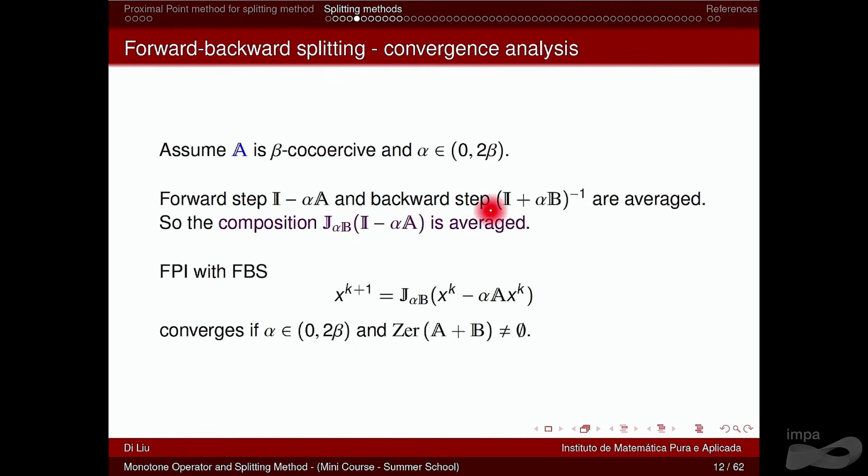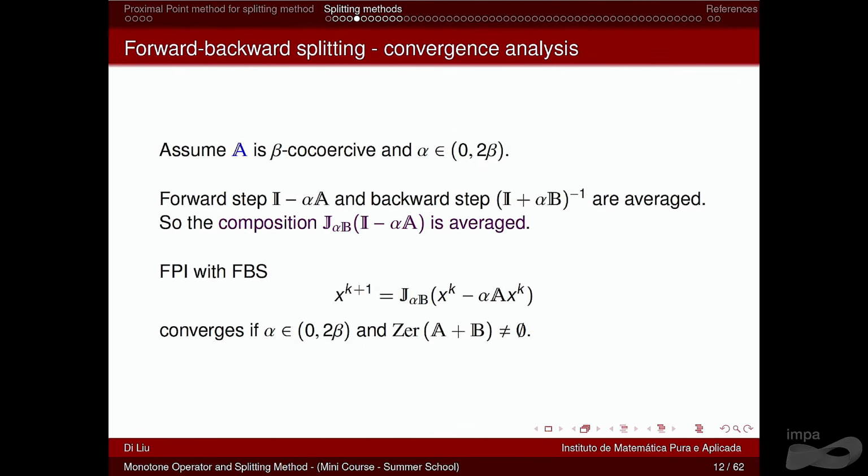And of course, the resolvent of B, a maximal monotone operator, is also averaged. Then the composition of two averaged operators is still averaged. This is why this iteration will converge: x_k will converge to a fixed point of the FBS.